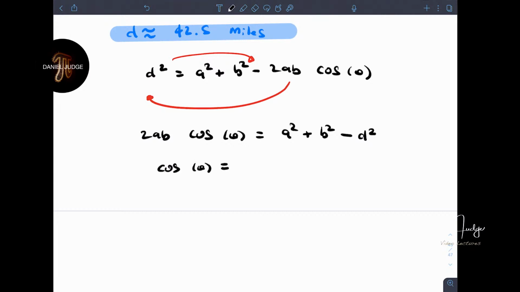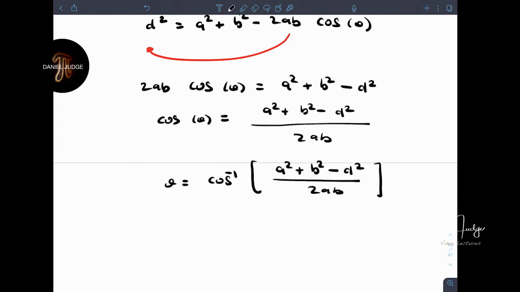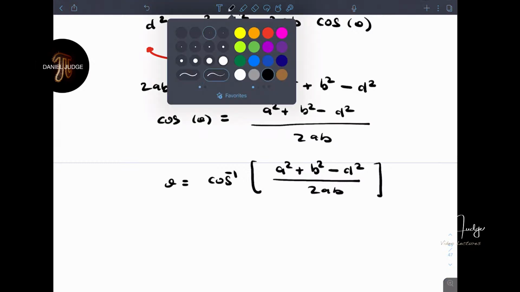Cosine theta is a squared plus b squared minus d squared over 2ab, which means theta is inverse cosine of a squared plus b squared minus d squared over 2ab. So this is what we're going to use to find angle H.